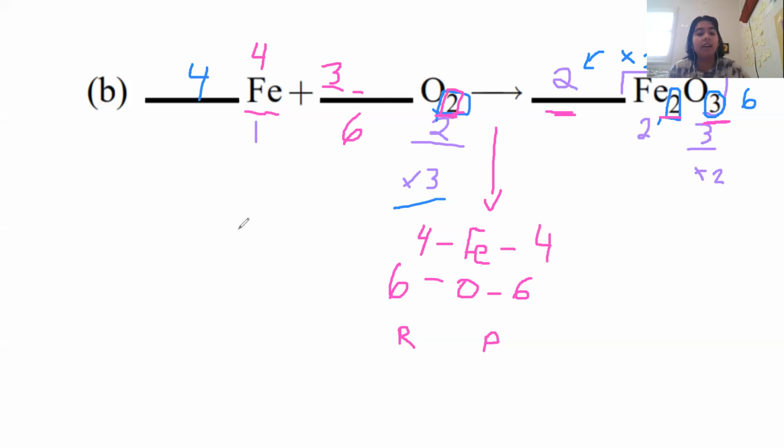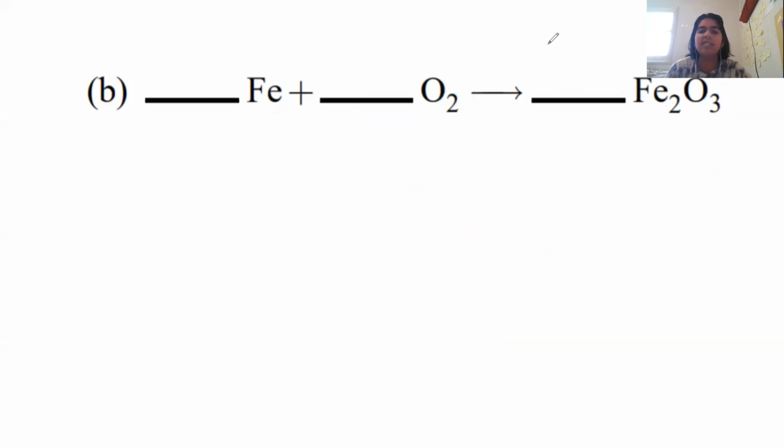Whatever unit that we have, we'll need 4 of these. For iron, we'll need 3 of these O2s, so make sure it's O2, and that'll give you 2 units of iron oxide, or Fe2O3. All right, let me clear this board, and let's try another one.